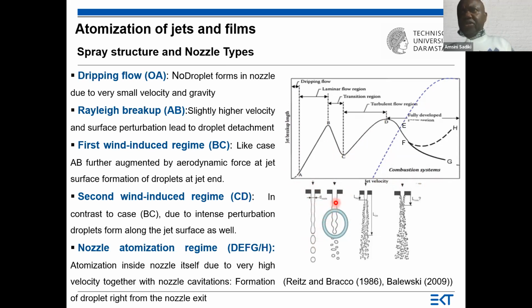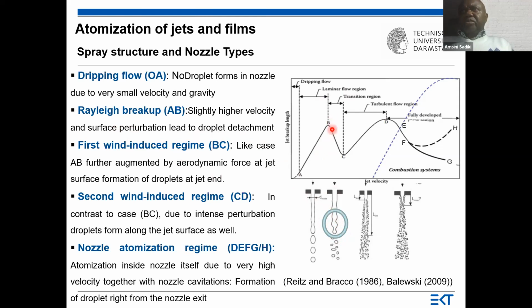If the velocity is growing, then we have a laminar flow region up to a given distance, where there is the formation of surface perturbation, which leads to the droplet detachment that we see.